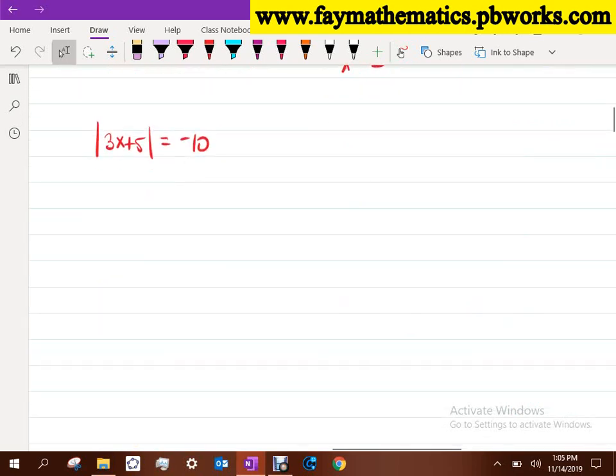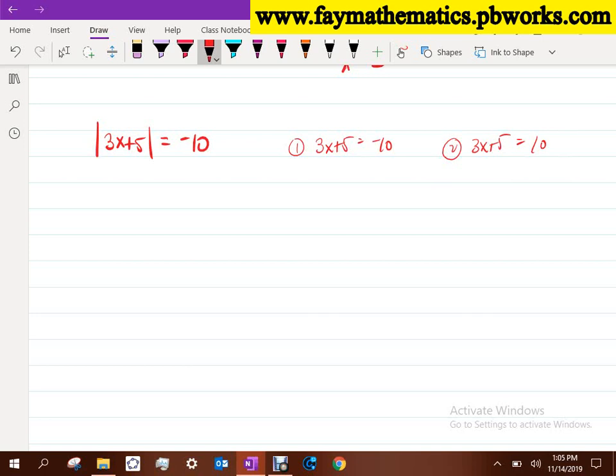Okay, so let's create our two equations. Let's say 3x plus 5 equals negative 10, right? And the second part is 3x plus 5 equals, change one of these sides by a negative, so it'd be positive 10, right? Okay, so you could do that. And what I'm trying to get at here is that nothing that we do is going to show us or come out blatantly say, no, wait, hold on, you can't do that.